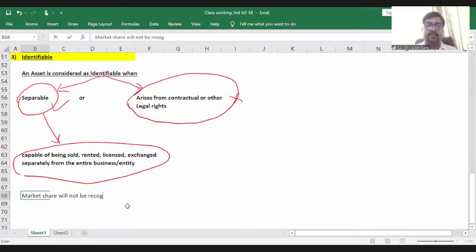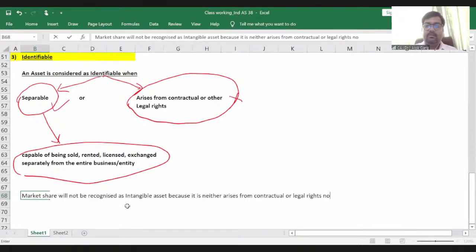Market share will not be recognized as an intangible asset because it neither arises from contractual or legal rights, nor is it separable.